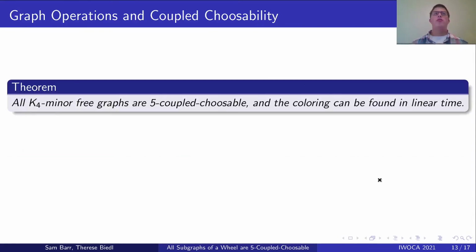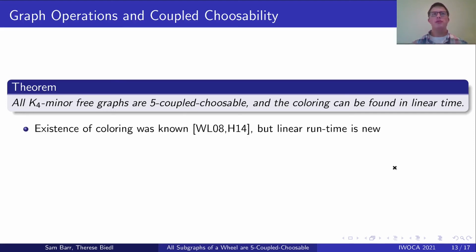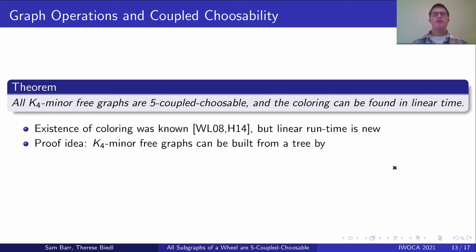To complete our proof that a subgraph of a wheel can be 5-coupled chosen in linear time, we need to be able to show that a K4 minor free graph can be 5-coupled chosen in linear time. The existence of the coloring was previously known, but the proofs did not lead to a linear time algorithm.